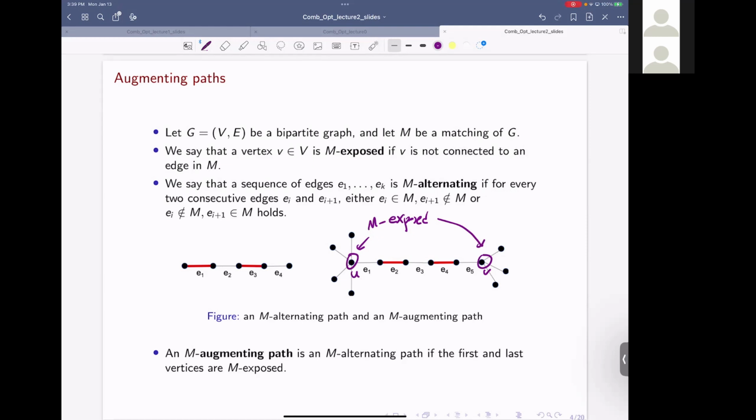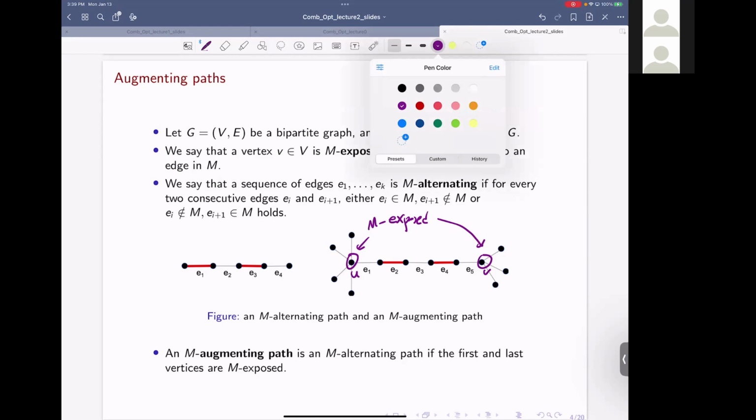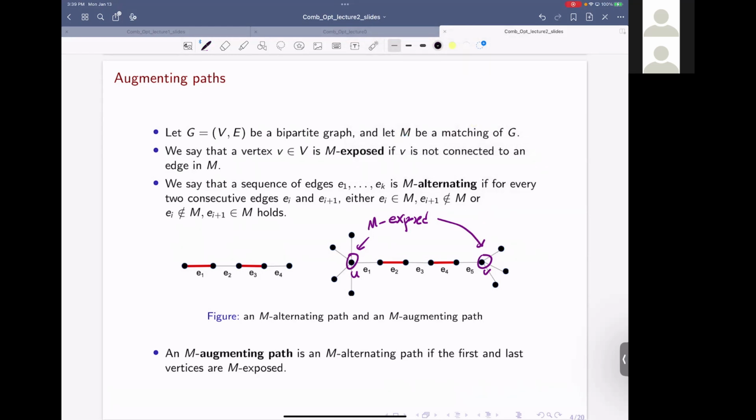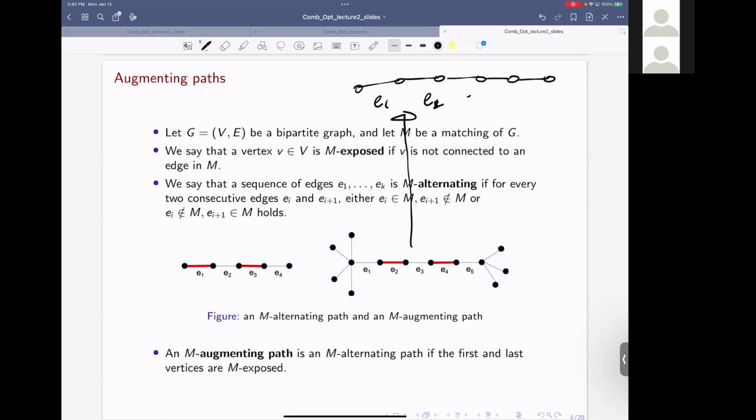And the question is, why do we even care about this augmenting path? I'll get back to this later in the next slide, but let me give you the simple idea. If you have an augmenting path like this, you can switch the roles of non-matching edges and matching edges as follows. You have E1 through E5, 5 edges. Previously E2 and E4 were matching edges.